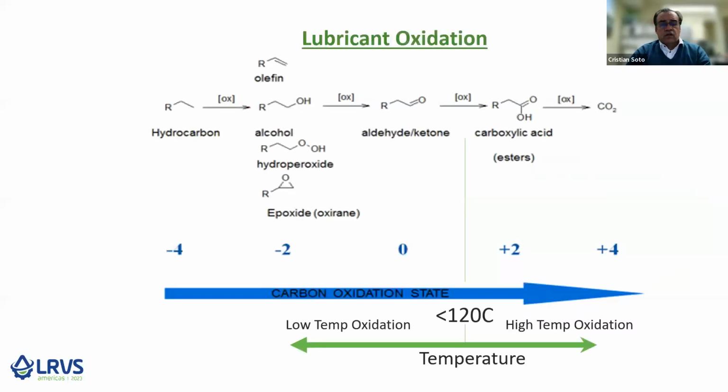In summary, you can see here the hydrocarbon oil is first oxidized and generates alcohols, aldehydes, and ketones, and then upon further oxidation, the formation of carboxylic acid, which often may be encountered in applications such as turbine oils.